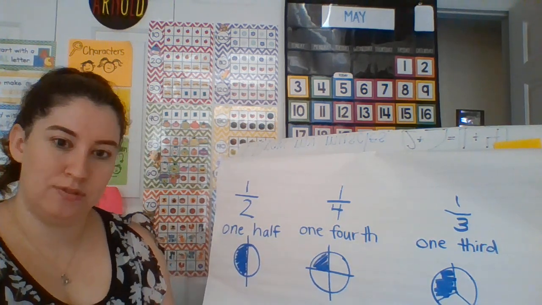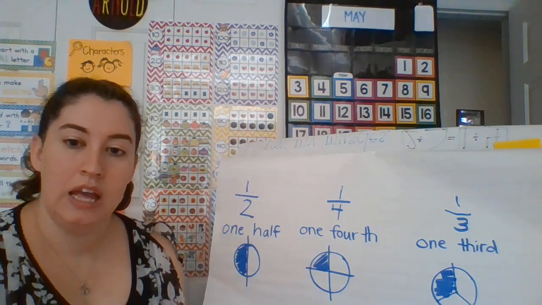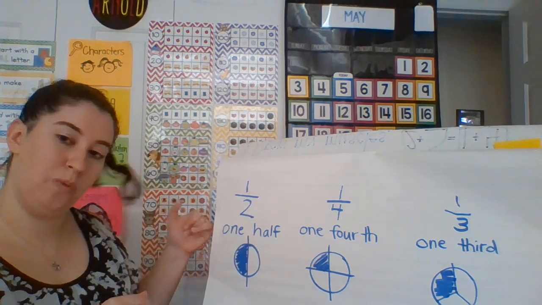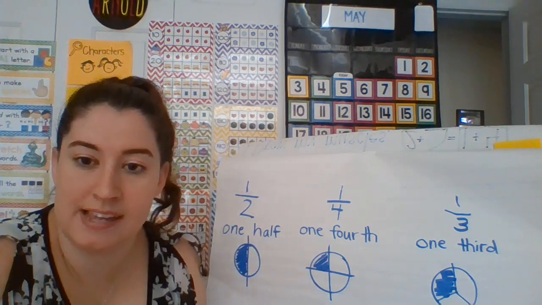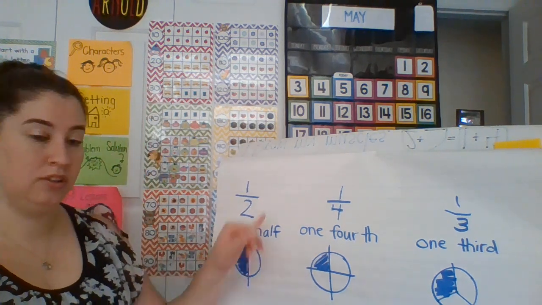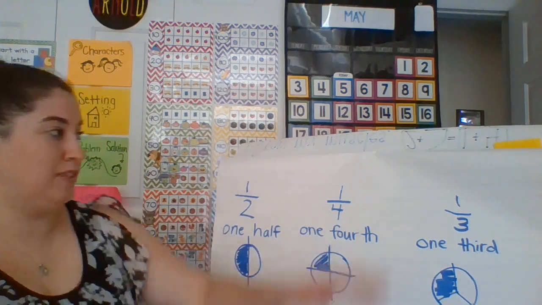And we practiced those fractions the other day with some cards. What we're going to do today is I'm going to come back to our equal ones up here, our pieces that were cut into equals, and we're going to decide if they are 1/2, 1/4, or 1/3. Ready? Here we go.